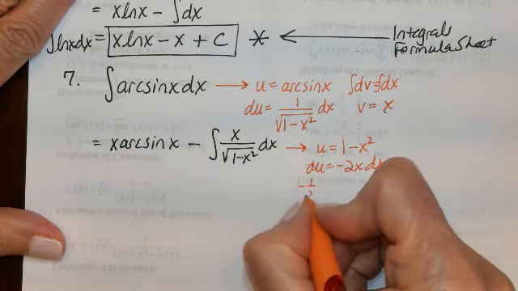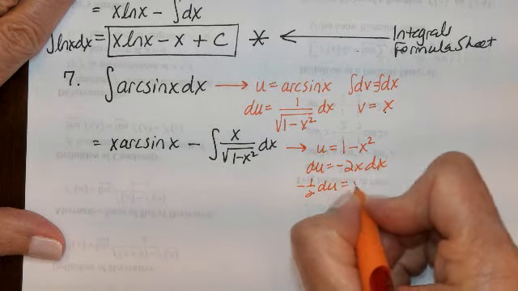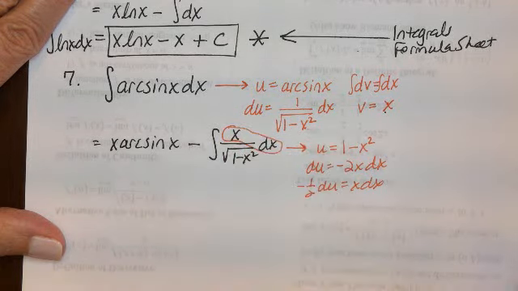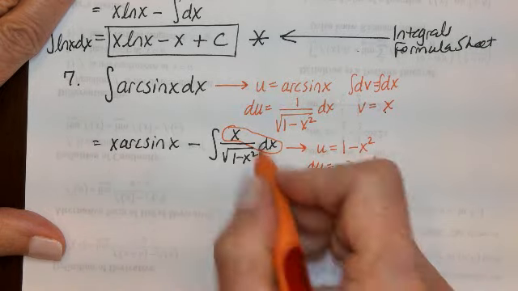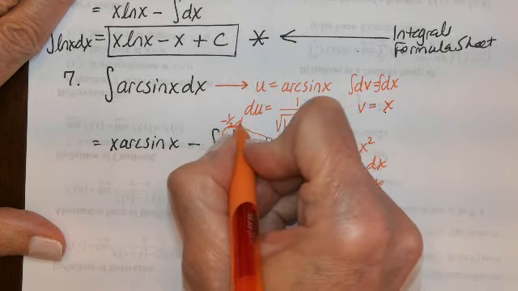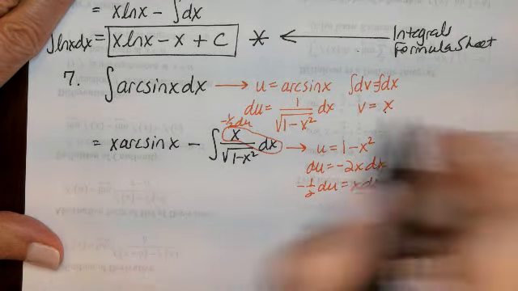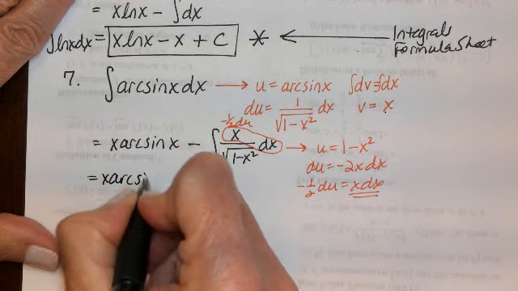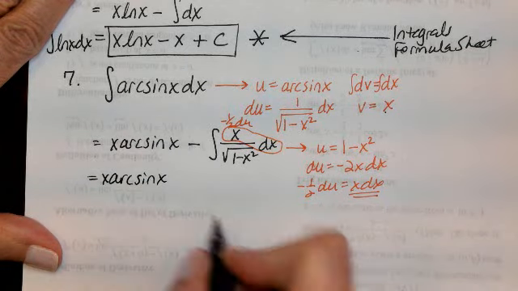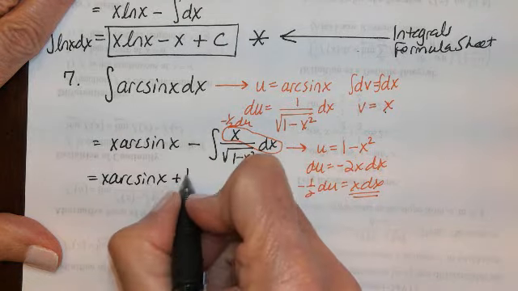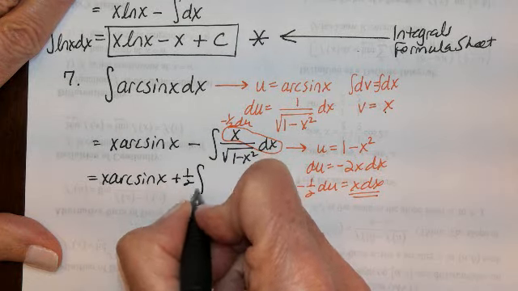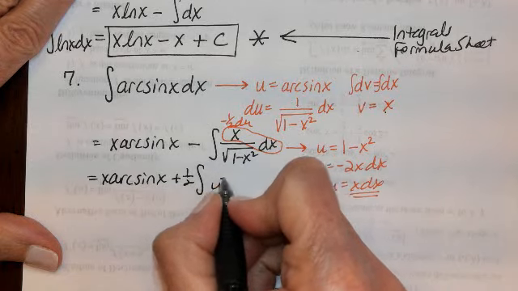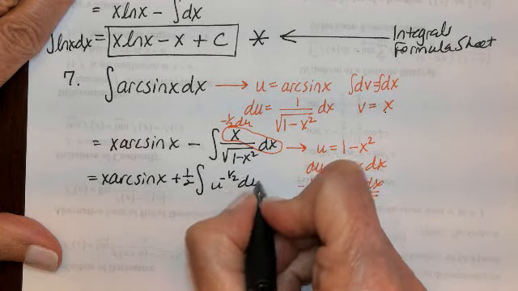So negative 1/2 du is x dx, and I'm replacing x dx with negative 1/2 du. So this will be x arc sine x plus 1/2 integral or antiderivative of u to the negative 1/2 du, right?